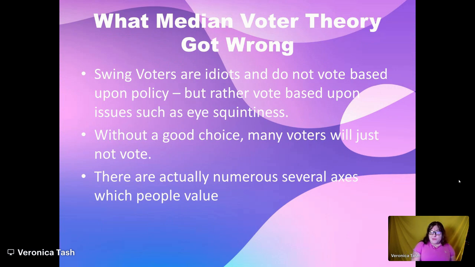And there have, of course, been some studies suggesting that there aren't really any swing voters anyway, just a very small handful, which tells you something about that bimodal distribution. But rather, what they'll vote on is something stupid, like eye squintiness.